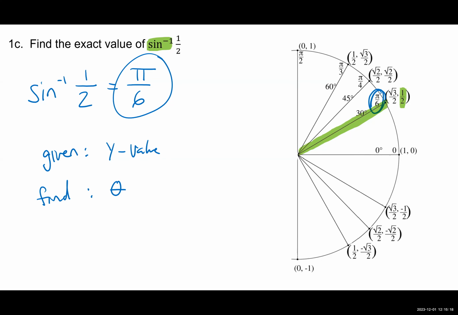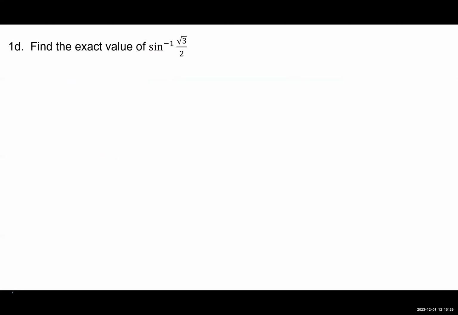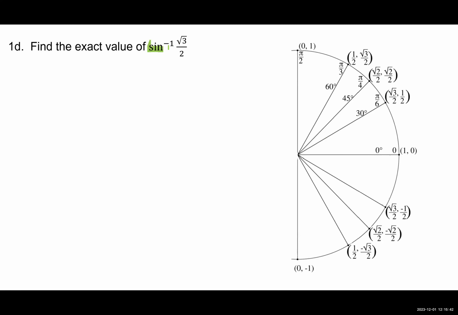All right, so let's do some more of these. This was just number 1. Well, 1C, our first inverse trig function. Find the exact value of sine inverse of √3/2. Okay, step 1, it is sine inverse. So that tells us go here. It's sine inverse, so go to the right side of the unit circle. Look for the number √3/2, positive √3/2.